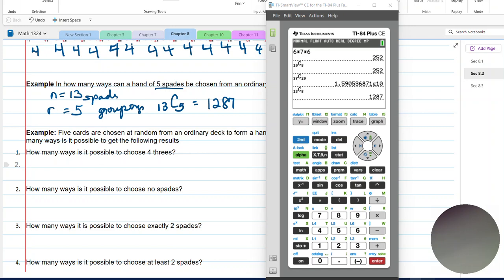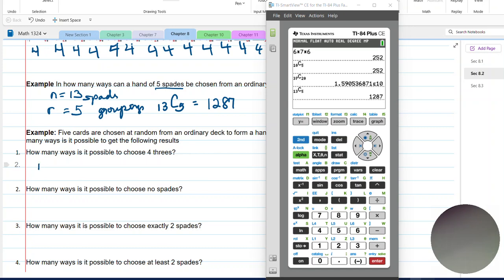And here we have, how many ways is it possible to choose 4 threes? Okay. And we're talking 5 cards are chosen at random. And they want how many can we have that choose 4 threes?